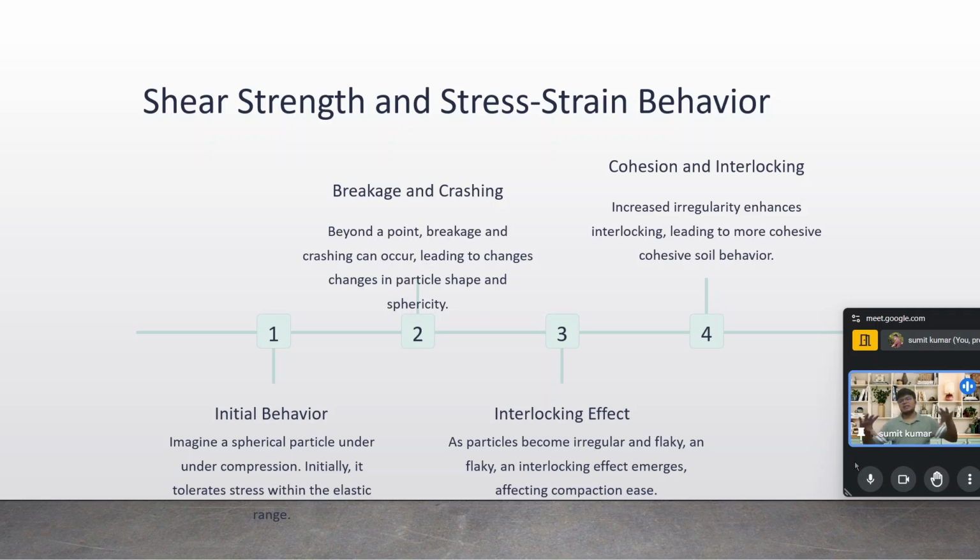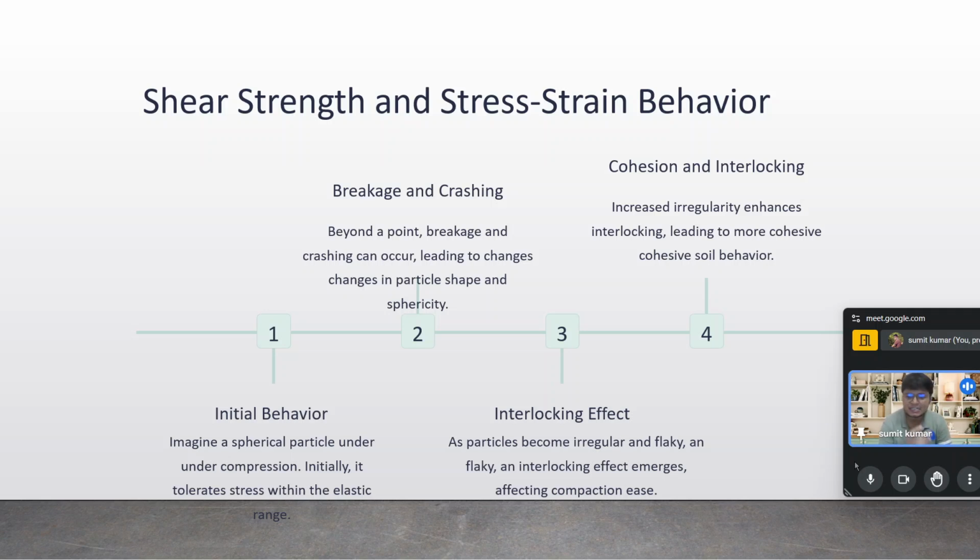So whenever we consider a spherical particle, suppose that spherical particle is like this. Let me show you. Suppose this is a spherical particle. When it goes under compression, there is a compressive force applied. Suppose it is applied from up and down or all-round direction, whatever you think.